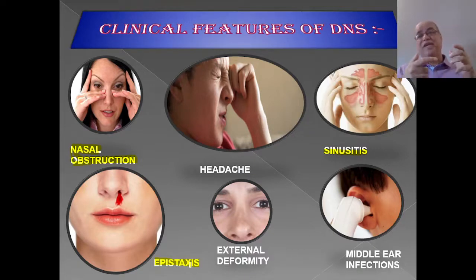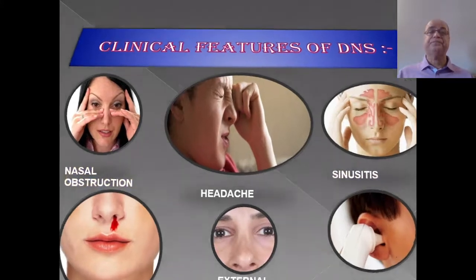And if there is a sharp bony spur, and mucoperichondrial lining is stretched over that, due to the sharp impact of that bony spur, the mucosal tear becomes easy, and again there can be bleeding. And as I told you, not only inside, but there can be external deformity as well, and due to the postnasal drip, there can be soiling of the eustachian tube orifice leading to middle ear infections.